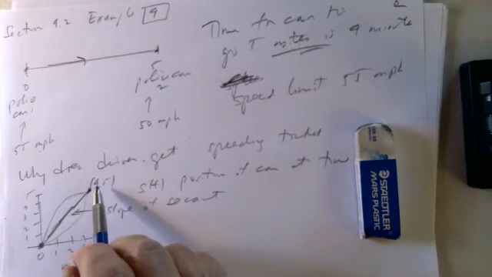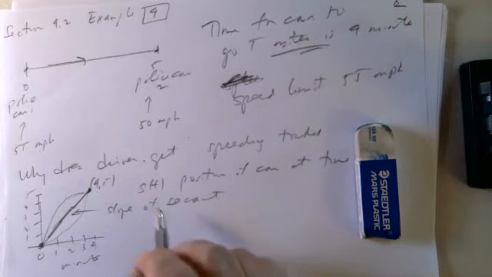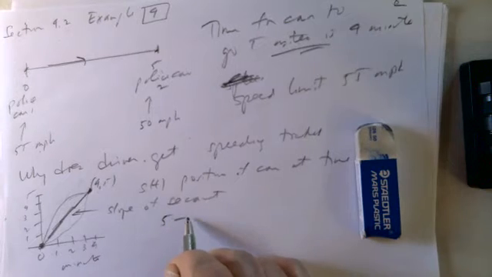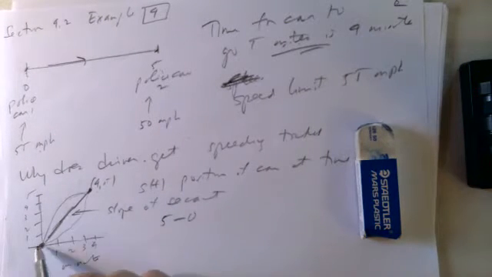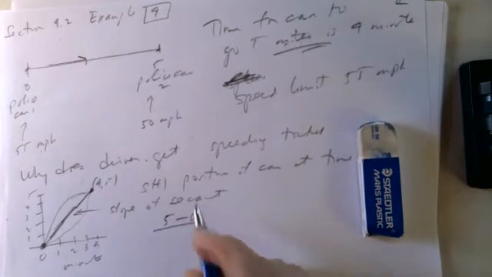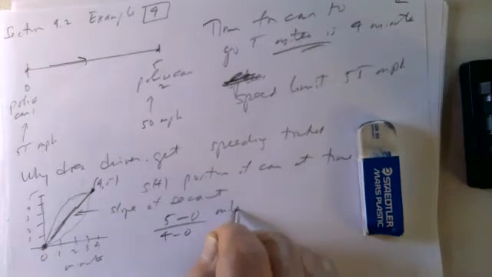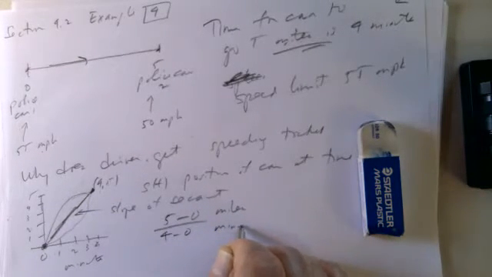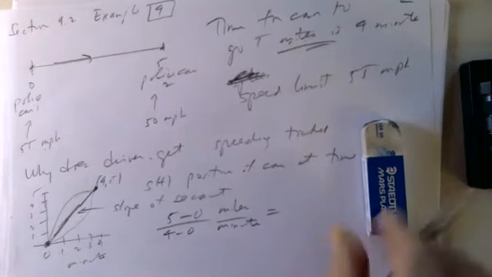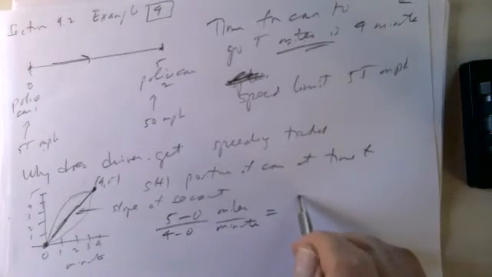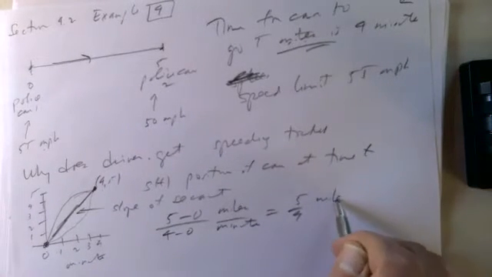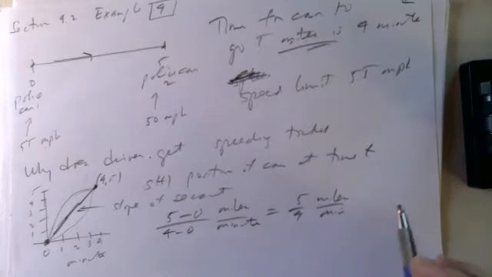Well, it's rise over run. 5 minus 0, that's the distance the car traveled, over the time, 4 minus 0. So this is miles, and this is minutes. So he's going 5/4 miles per minute.